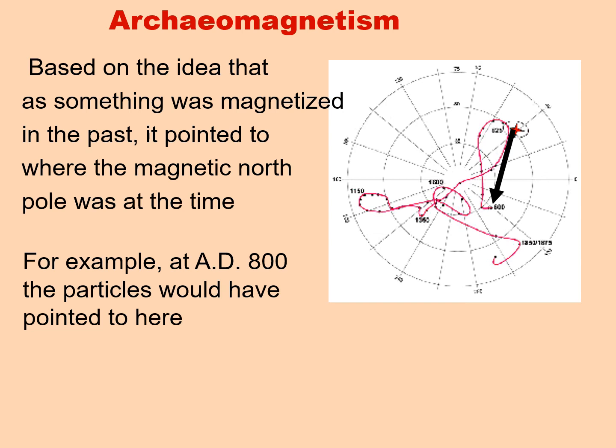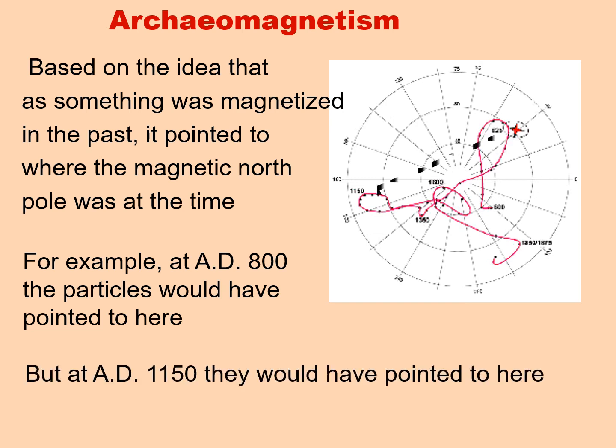At AD 800, anything that was magnetized would have pointed this direction, versus at AD 1150, they would have pointed way over to here. Now you can see right away that this is more complicated than I'm making it sound because this line pointing to AD 1150 crosses two other time periods.